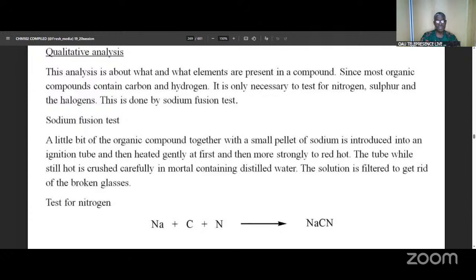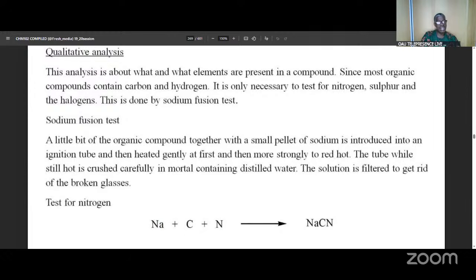After you have filtered this, you can take your filtrate and carry out the test.